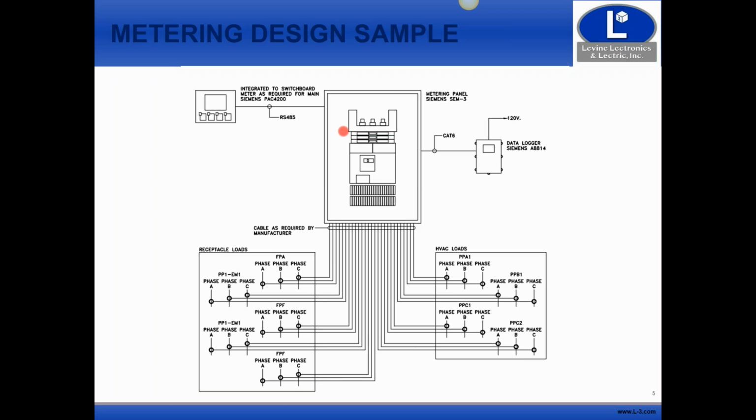It's gone out to bid, and now we're working with the manufacturer, whether it's GE or Eaton or Siemens or whoever it is, to put together a metering package that they can include to their distributor as part of the price of the electrical equipment that's going in.